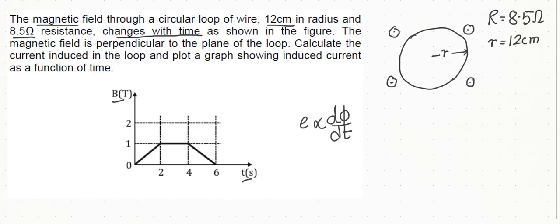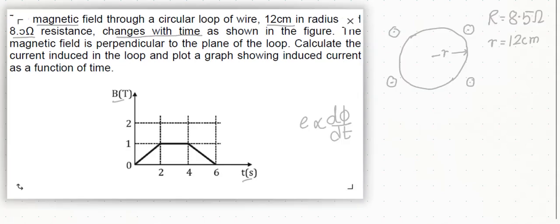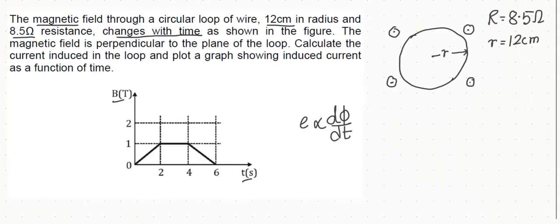And Lenz's law after that says that the current will be induced in a direction such that it opposes the cause. So there is a negative sign for it. So if we avoid the proportionality side, then we have to introduce an equal to sign, and we have to consider the constant of proportionality as 1.